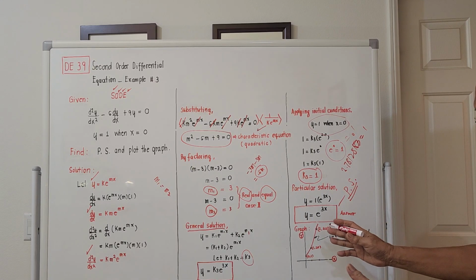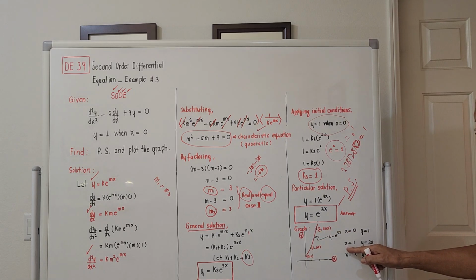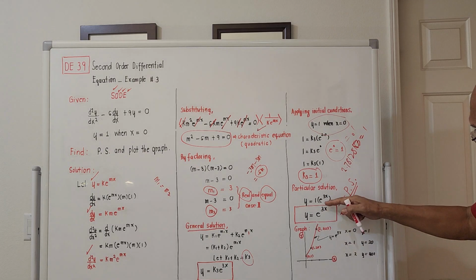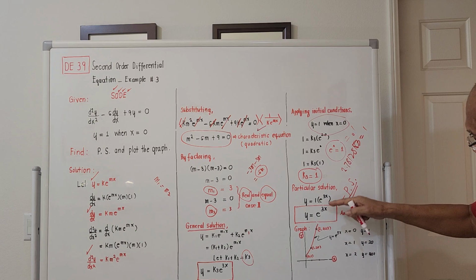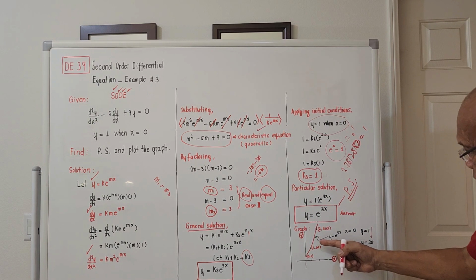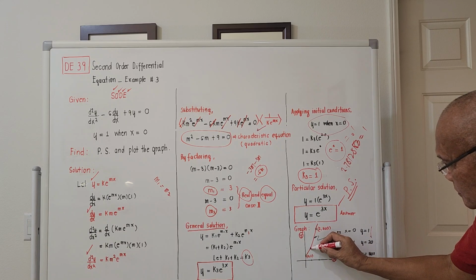And if we try to increase the value of x going to the right, when x is 1, y will be e raised to 3 times 1, which is 3. And e raised to the third power will be approximately 20. So when x is 1, y is 20, this side here.